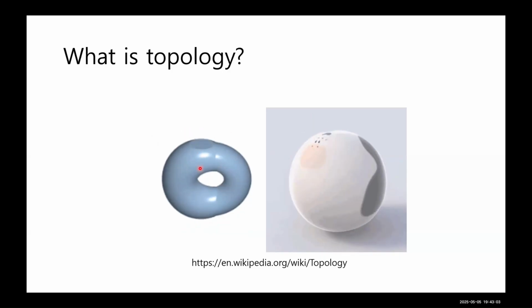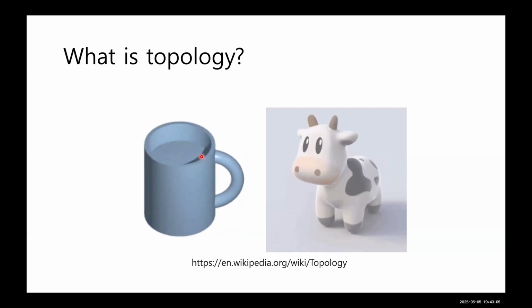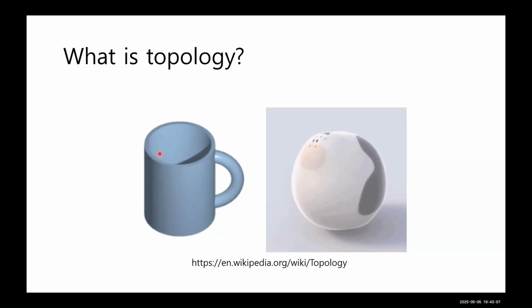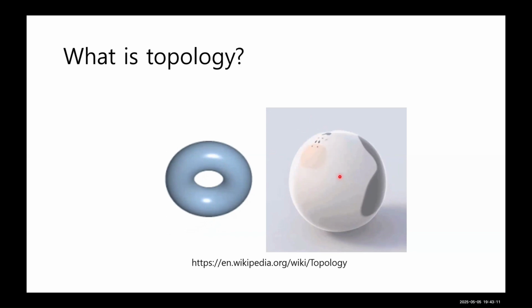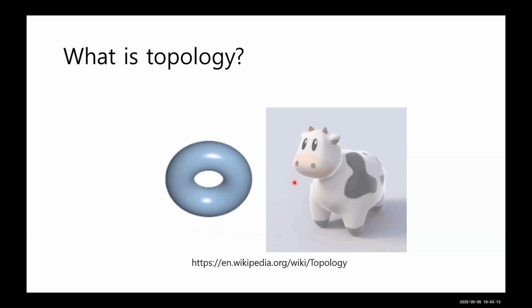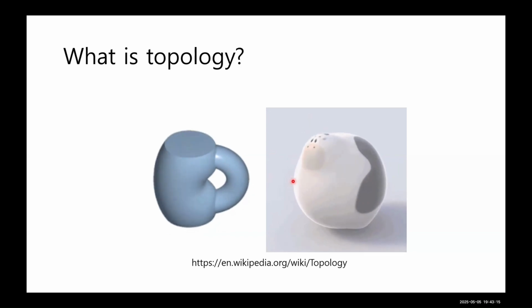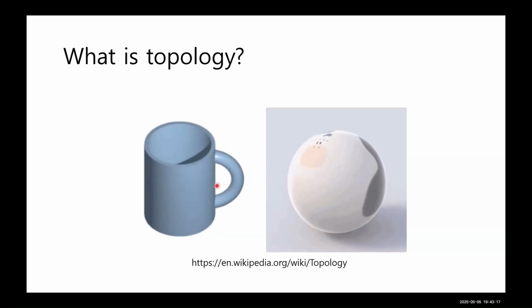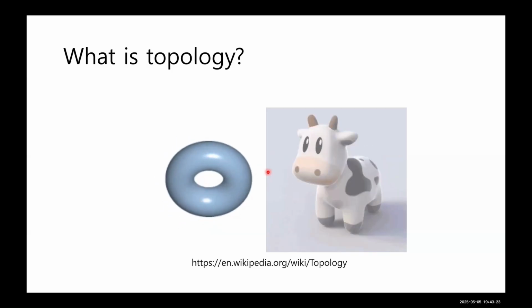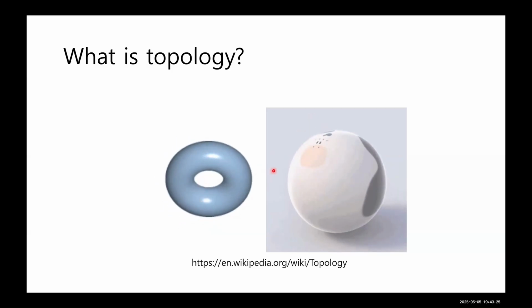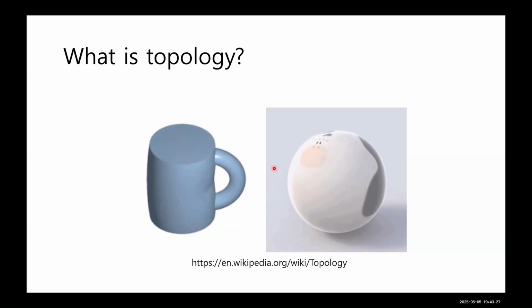Each pair has the same topological shape, but these two pictures have different topological shapes. The main difference between the two pictures is a hole. We can call it a manifold when we consider this topological shape, and we can use this formula when we consider the differences between two dimensions and three dimensions.